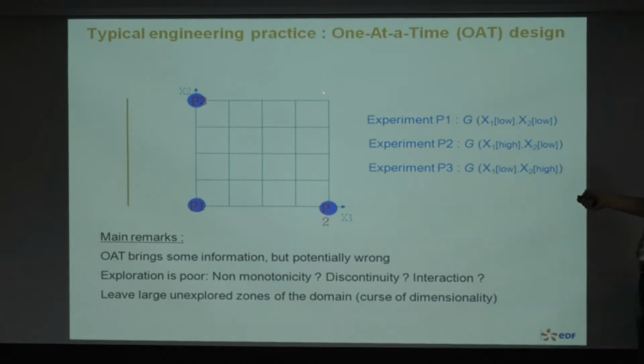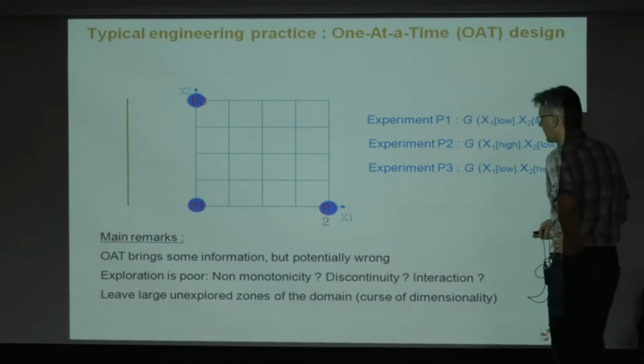So of course, if you add a point here, you can capture this interaction. And finally, this kind of design leaves large unexplored zones of the domain. You have covered these things, but you don't cover all what happened here.